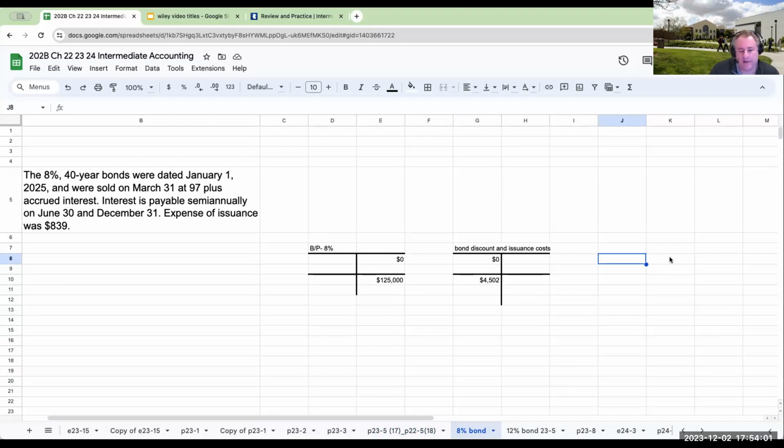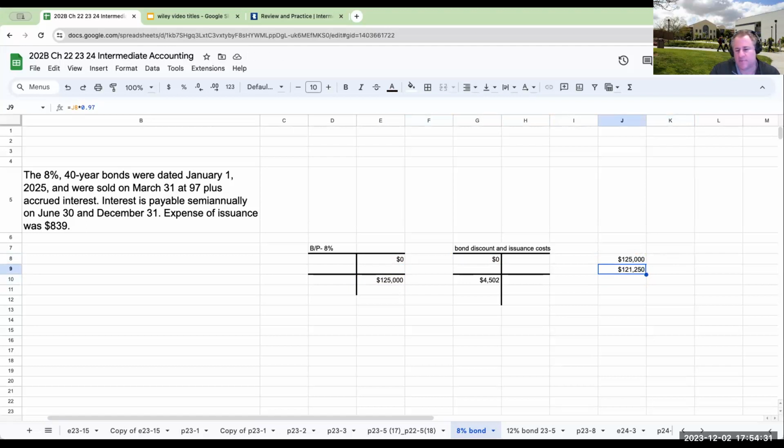What we're going to have to figure out is that the bond was issued at 125 plus accrued interest. Let's not deal with the accrued interest for right now, but let's figure out how much cash we got for this bond. Well, we got 125,000, and we got this at 97.